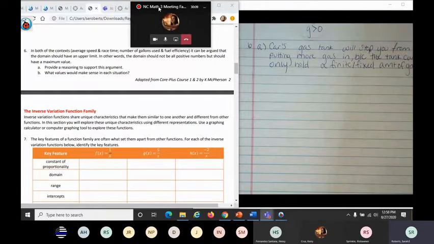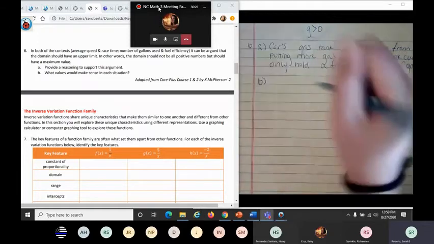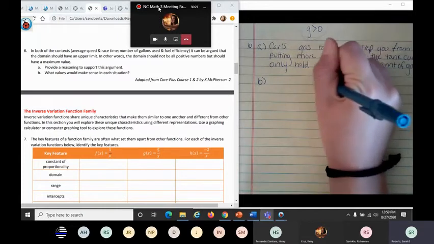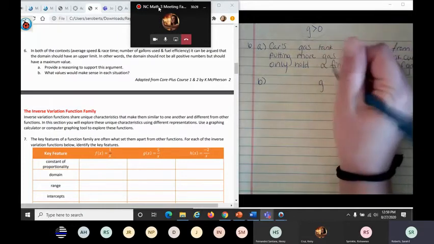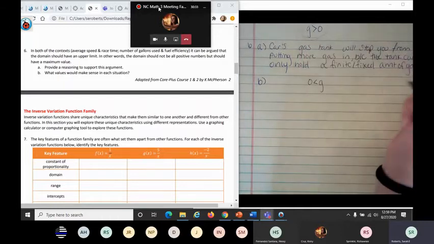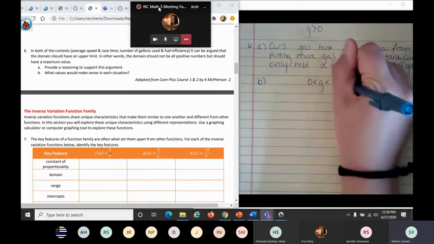I'm not sure what it means by each situation, but it's asking what values would make sense. So I think that our G should still be greater than 0. But then I think that a gas tank on average is about 13 gallons.